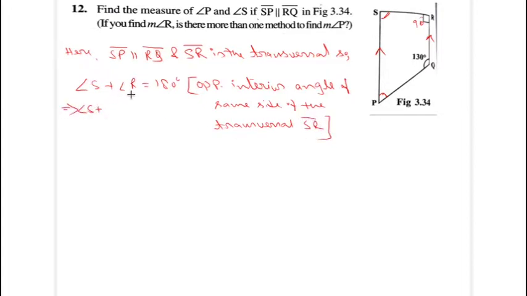The value of angle R is 90 degrees, so angle S plus 90 degrees equals 180 degrees. So angle S equals 180 degrees minus 90 degrees. So the value of angle S is 90 degrees.